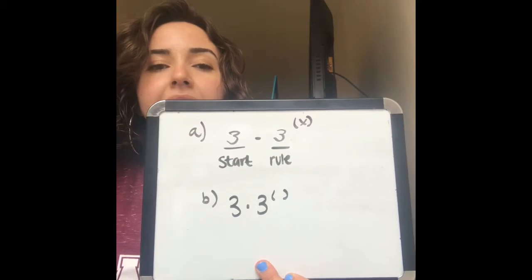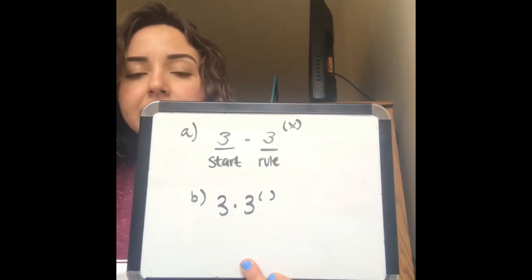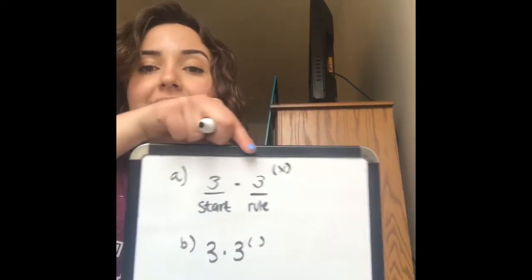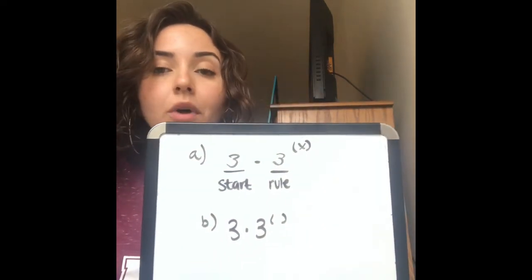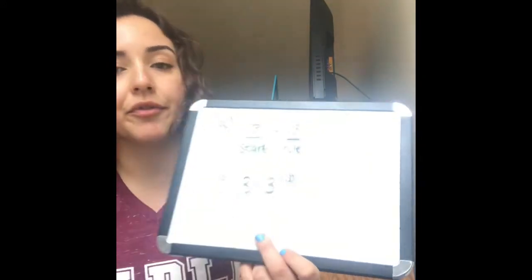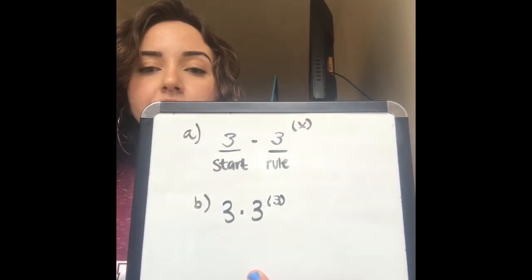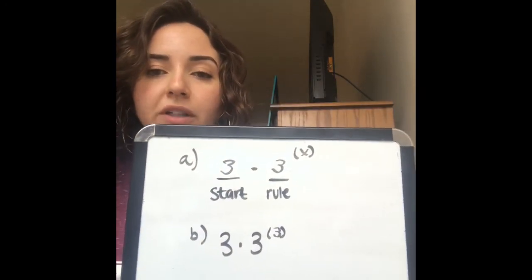So part B wants to know how many people will be infected in 3 days. So remember, x is equal to the time. We want to know in 3 days. So I'm going to plug in a 3 for the x. To solve, remember PEMDAS, we have to do exponents before we do multiplication.